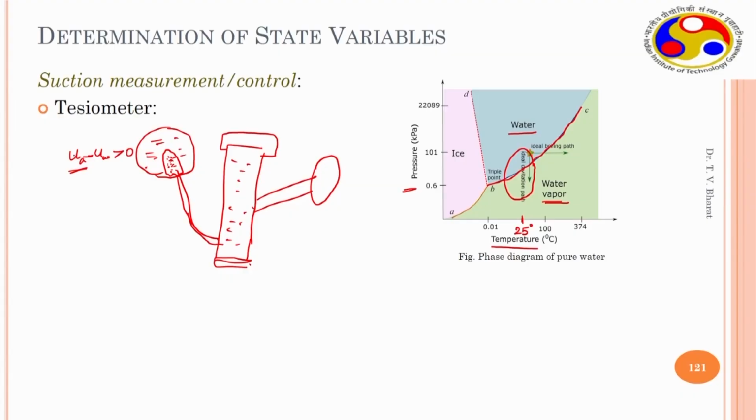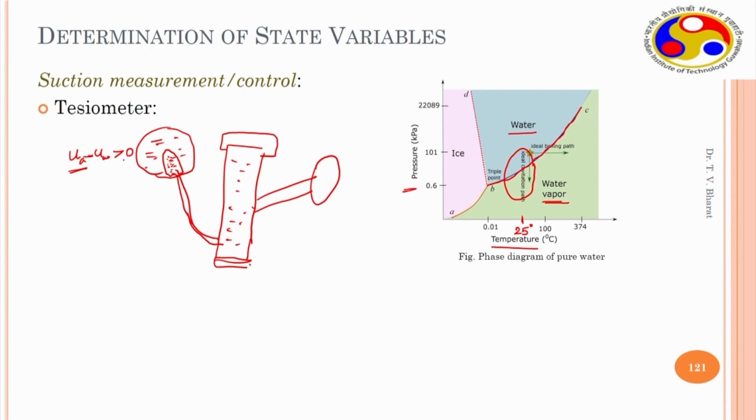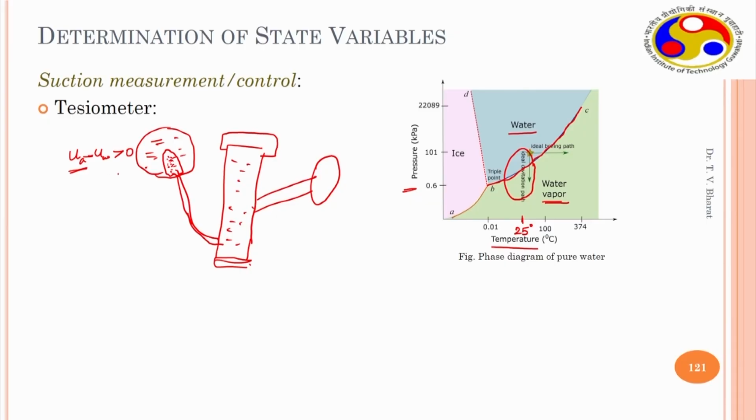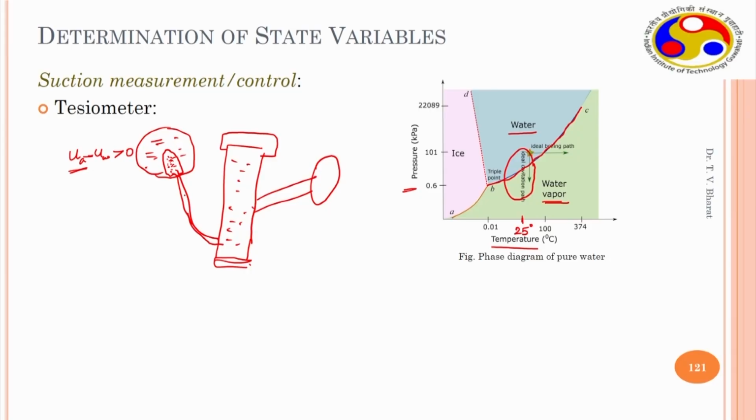Otherwise, if you take absolute pressure, ua is 101.325 kilopascal and uw may be some value, so you have a positive value. You have some suction, so there is a negative pore water pressure. This negative pore water pressure is transmitted through the tube to the water filled body, and is read on the pressure gauge here.